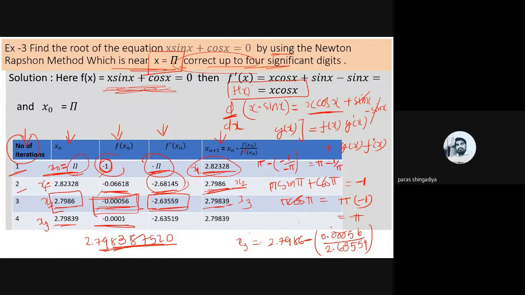So add one more zero here. It is 0.4 times 0, then after 104 something. That answer you will get as the function output. And now check this one, minus 2.6359.